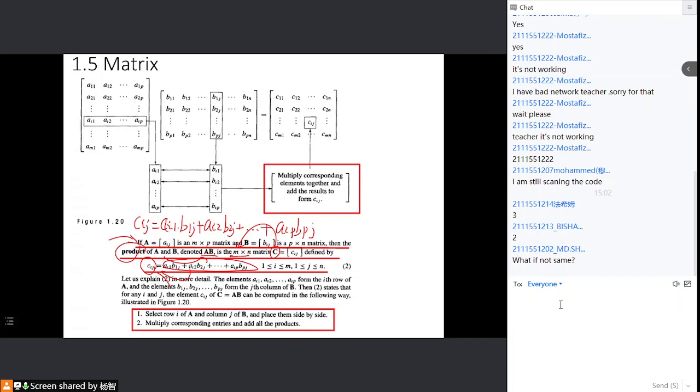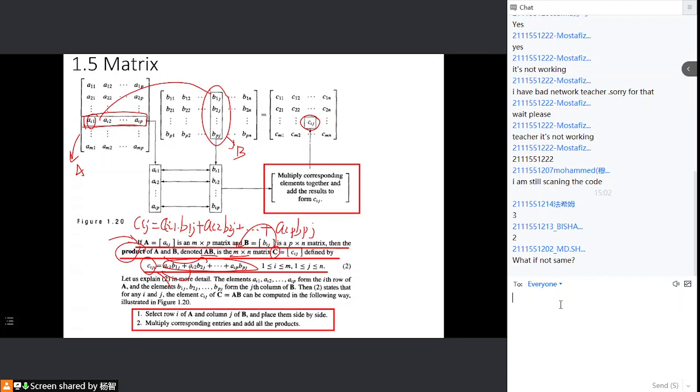It means Cij is acquired from this row from A and this column from B.